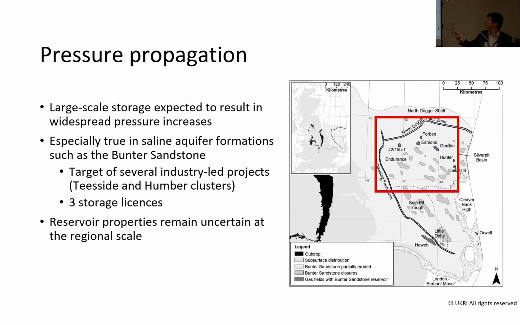And there are other regionally compartmentalized areas of the Bunter as well. So west of the large Dowsing fault zone and to the north of the Flamborough Head fault system here, that may be another system. This may be another system.